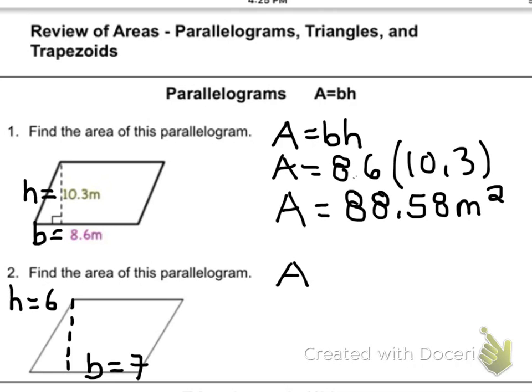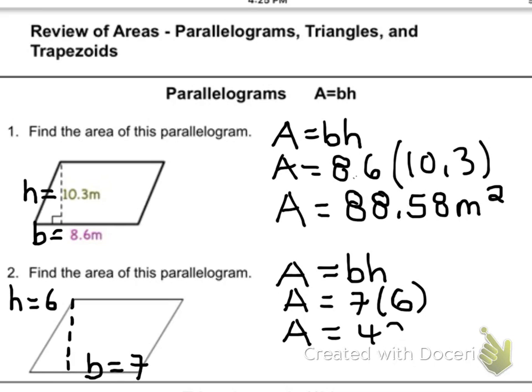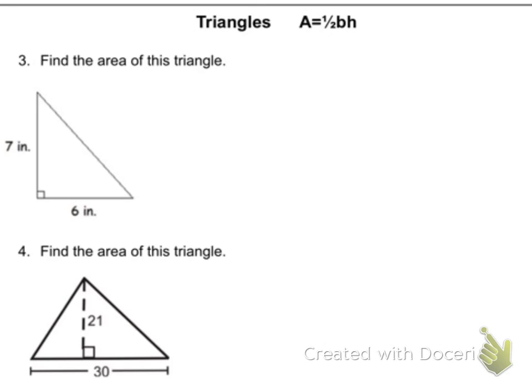Then we'll write our equation. Area of a parallelogram is base times height, where area equals 7 for the base and 6 for the height. So your area equals 42 units squared. Okay? Moving on to triangles.